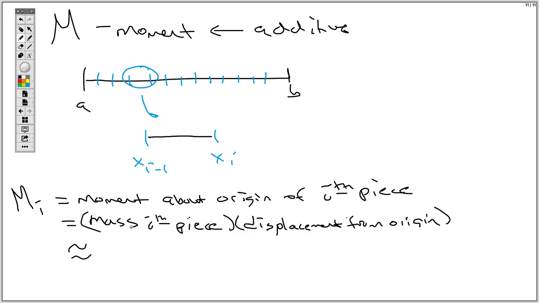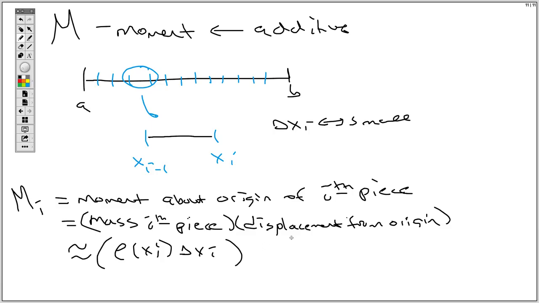Now, we know that the mass of the ith piece we can approximate by rho of x sub i delta x sub i, because once again, we're assuming that delta x sub i is small, and eventually it's going to go to 0, get smaller and smaller and smaller. And so the density, once again, at the right endpoint is more or less the density of the entire subinterval there.